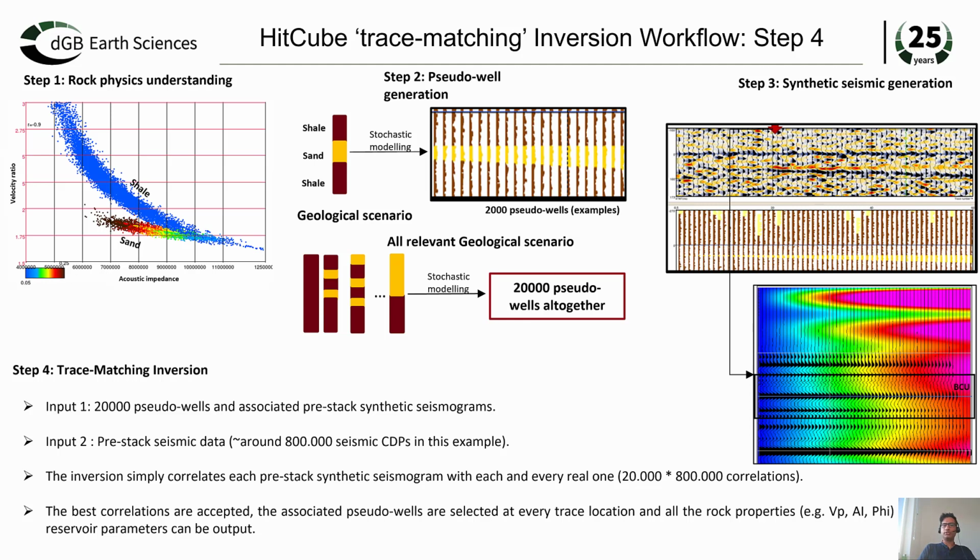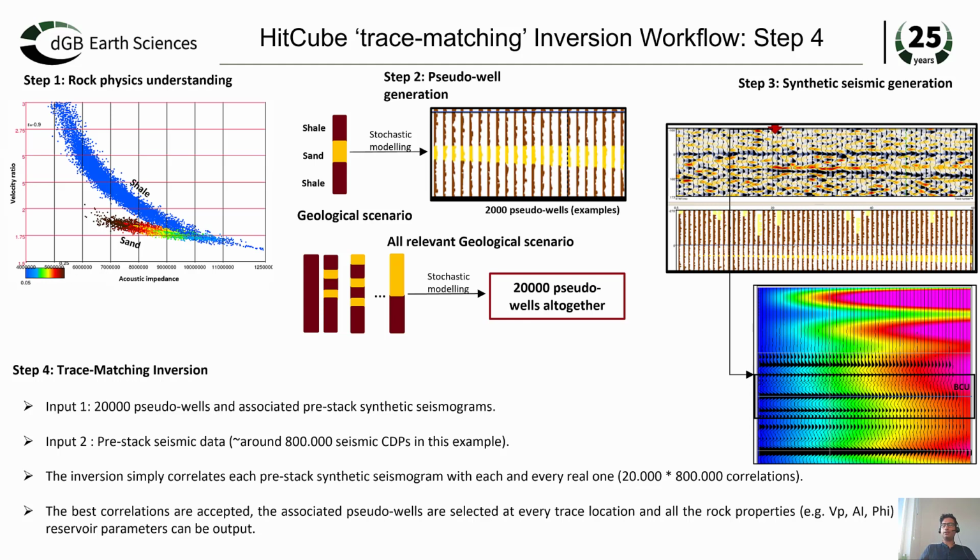And this inversion process, as discussed earlier in the beginning of this presentation, simply correlates each pre-stacked synthetic seismogram from every single pseudo-well model with every single real pre-stack gather that we have.